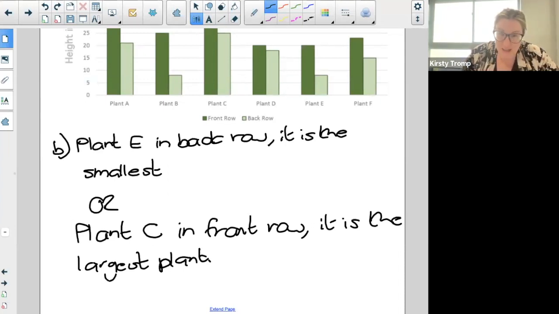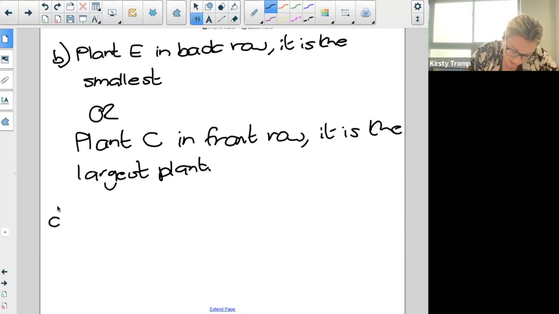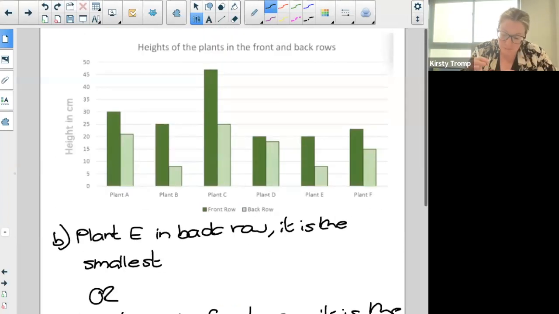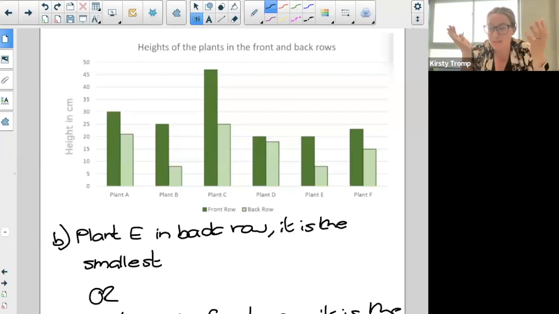C says to us, which plant was least affected by changes in the sun? If I compare back row to front row, which plant had the least effect from the sun? Plant A, there's a difference, one's bigger than the other. Plant B, one's bigger than the other.